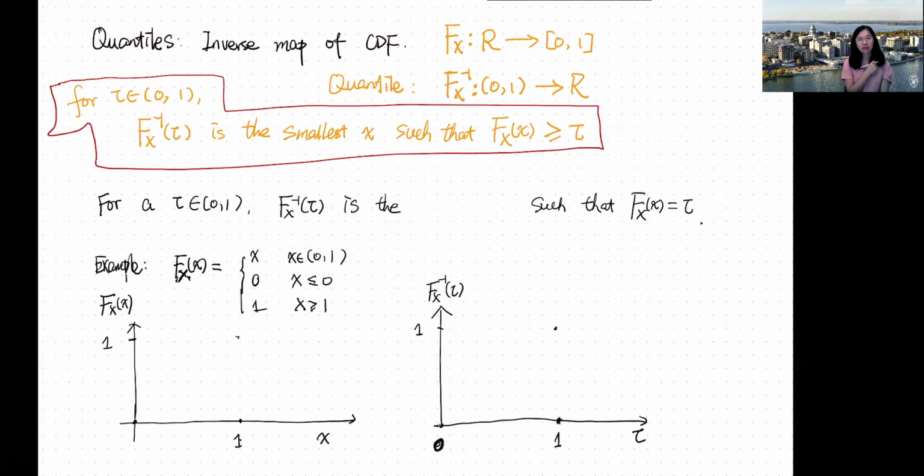For tau in the open 0 to 1 interval, the quantile of X at tau is the smallest x value such that the CDF at little x is greater than or equal to tau.